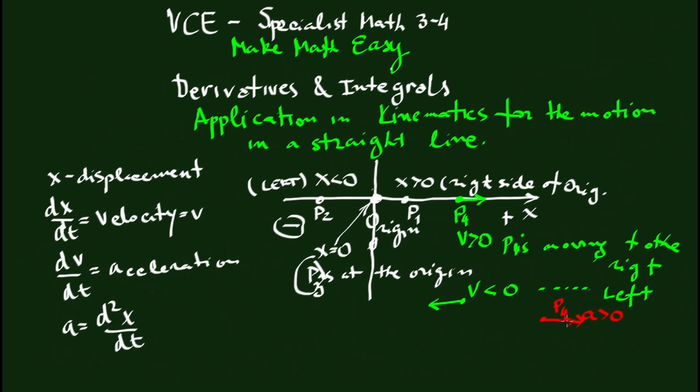So put double arrow, pushed to the right. And if it happens that A is less than 0, pushed to the left. The word we use is pushed. So we are helping it with a push to go in that direction.